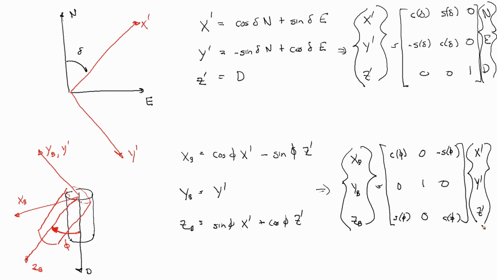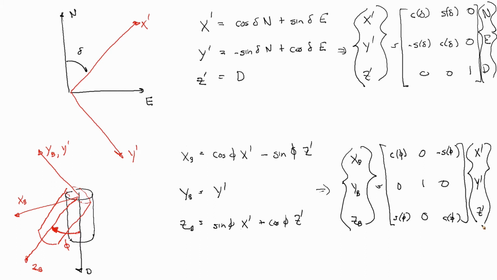Okay. So in both cases, I just used the shorthand. C stands for cosine, S stands for sine. So I have a way to go from the primed axes to north, east, and down, and I have a way to go from the wellbore axes to the primed axes.